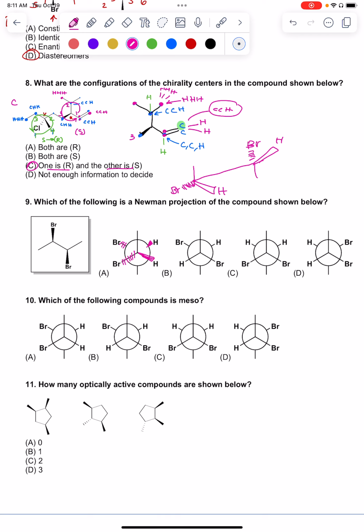Okay, so can I rotate this to get it to be like this one? It looks like I can. It looks like I can draw the bromine here, change this to hydrogen, and then move these two, because remember, I want to get the same compound.